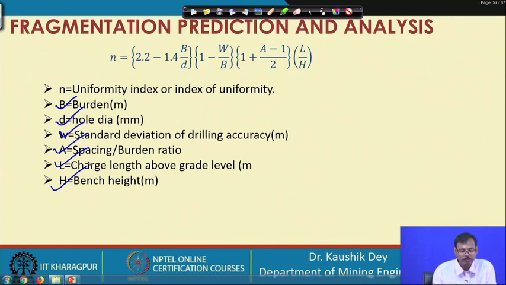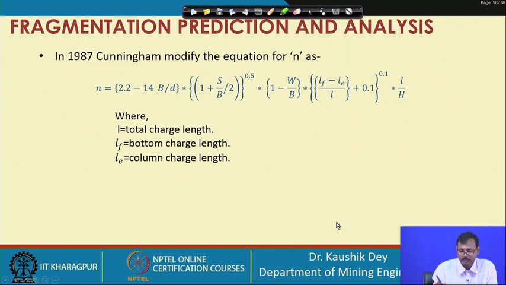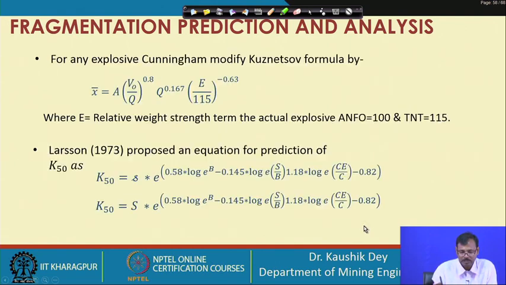These are the influential parameters for the uniformity index. These are some other estimations for the uniformity index.